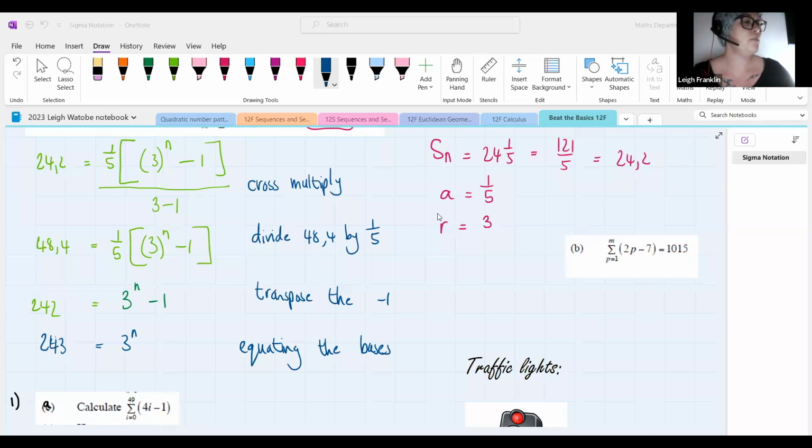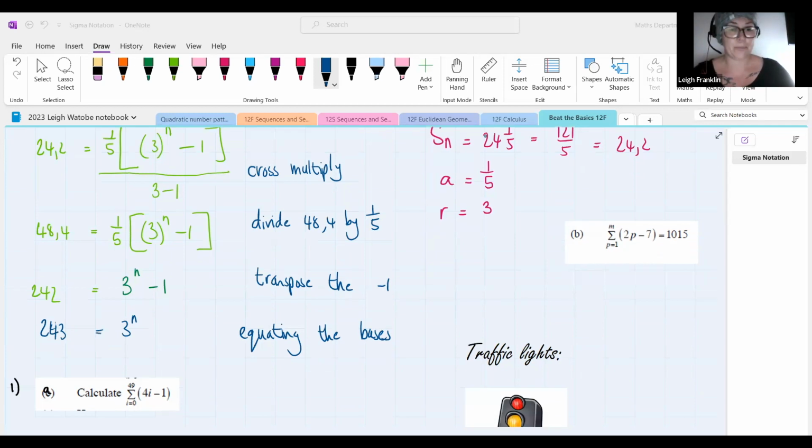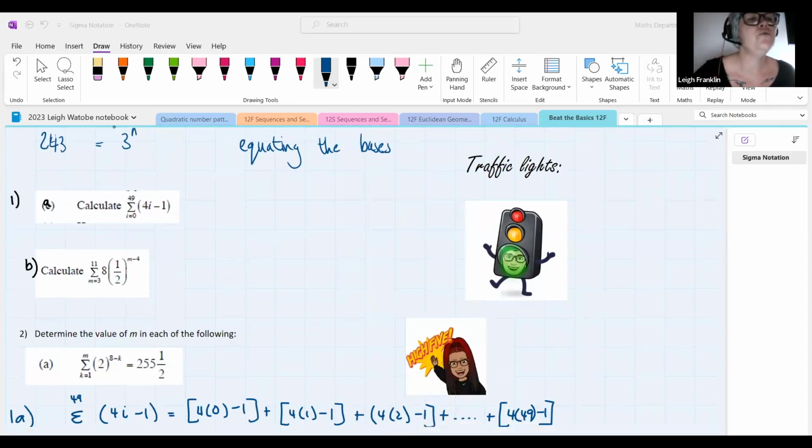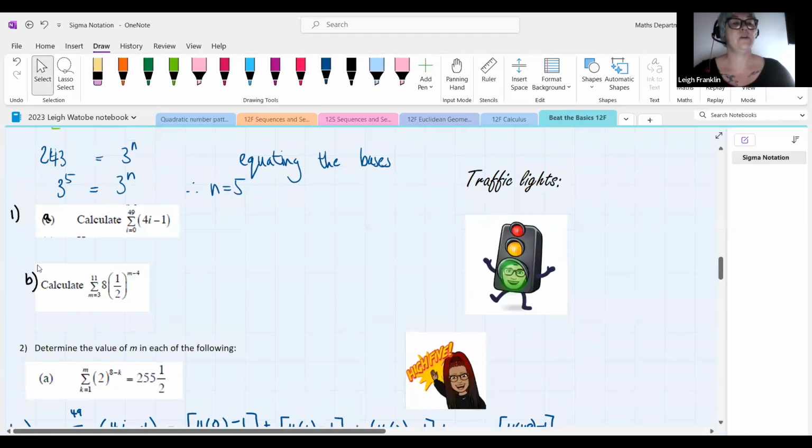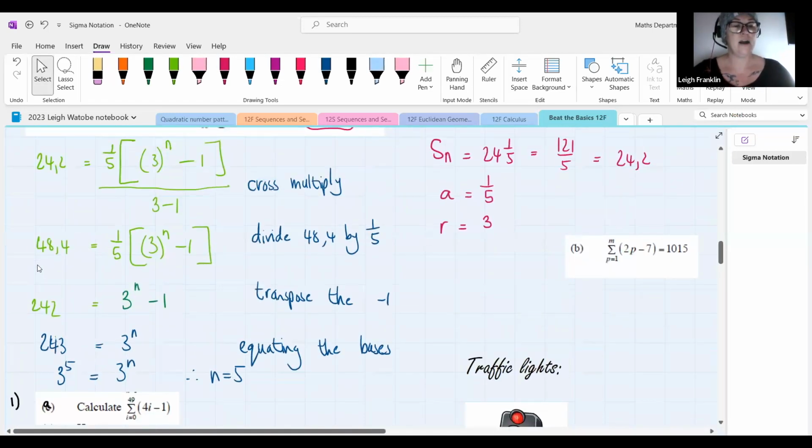Also known as POP. Yes, 3 to the 5. Yes, lovely. Okay, now you must show that step. You've got to write 3 to the 5 equals 3 to the n. That's one of the steps you have to show, and then you can conclude that n is equal to 5. Very nice. Well done, everybody.